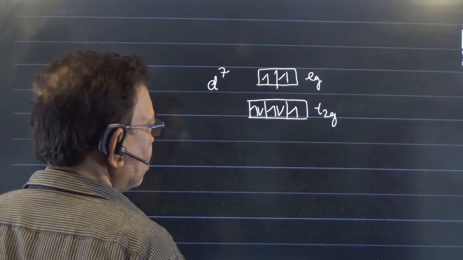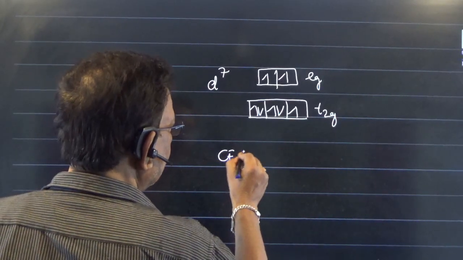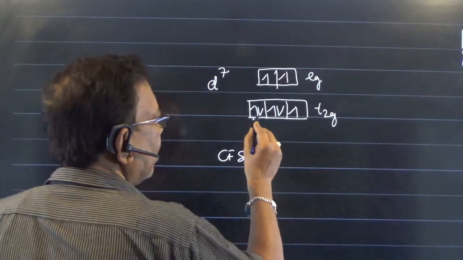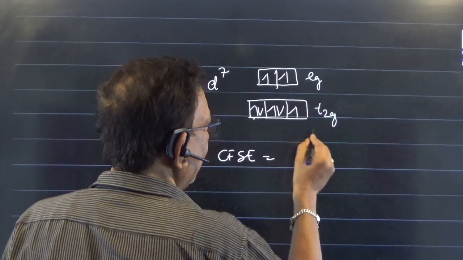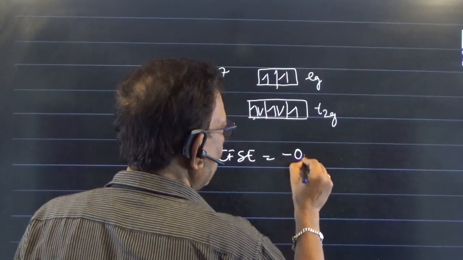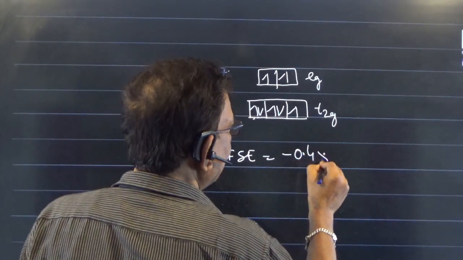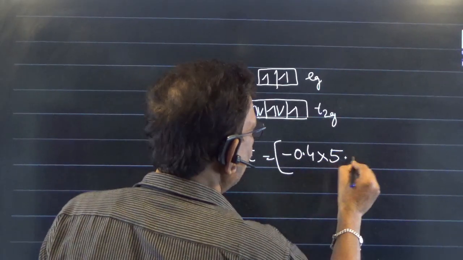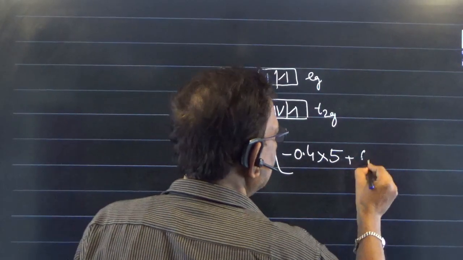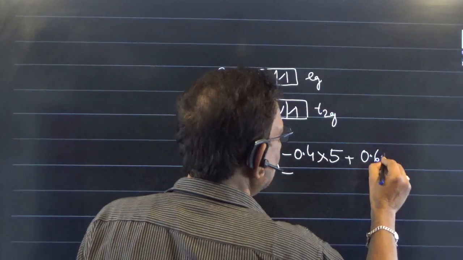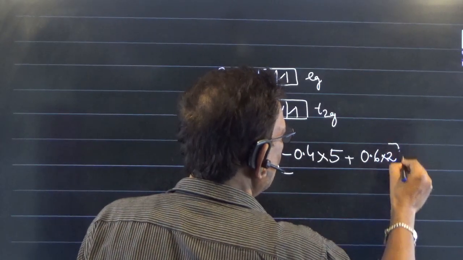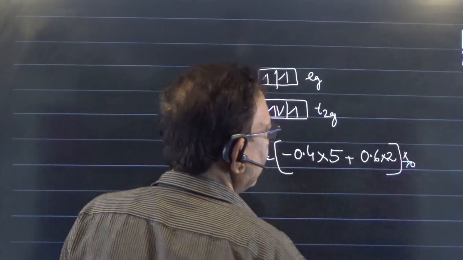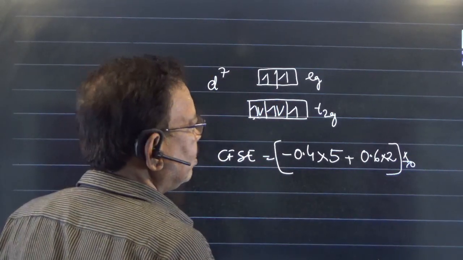Yes, sir. So now crystal field stabilization energy will be, in T2G it will be minus 0.4 into 5, plus in EG, 0.6 into 2. For octahedral, how much will it be?